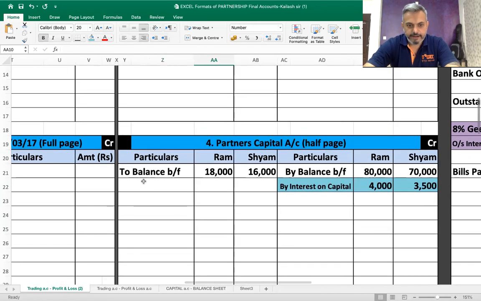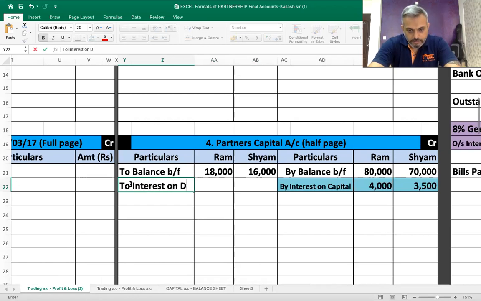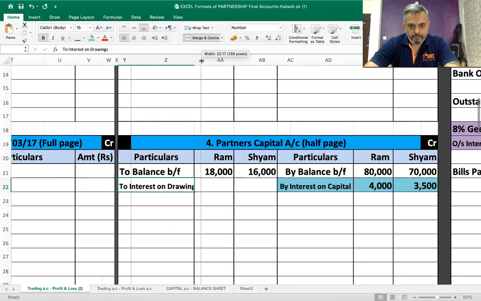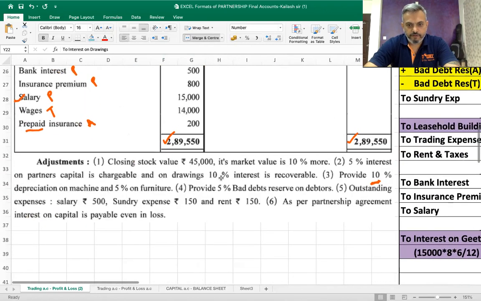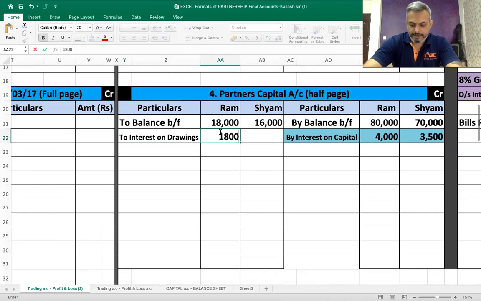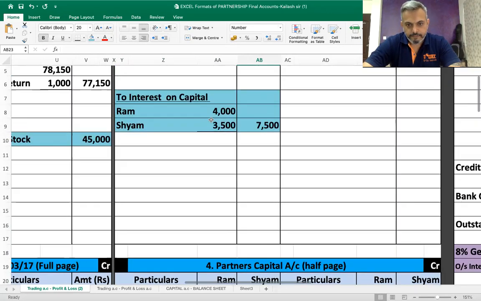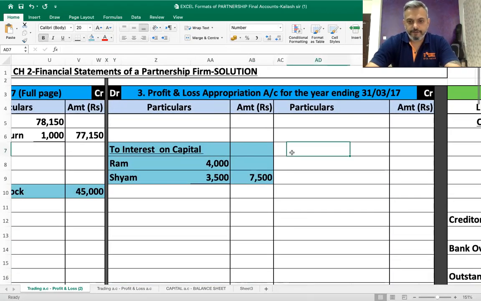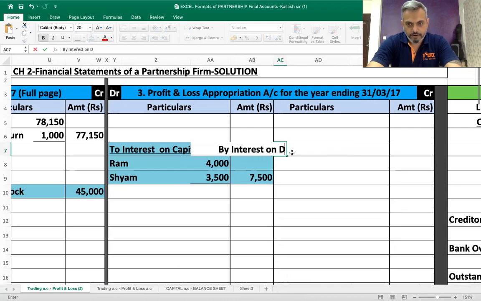Now we will do the same in drawings. Below drawings, interest on drawings. What is the percentage of interest on drawings? 10% is recoverable. We will ask 10% from the partners, 1,800 and 1,600. Now partners' capital account debit, P&L appropriation account credit. Again first two lines blank, by interest on drawings.